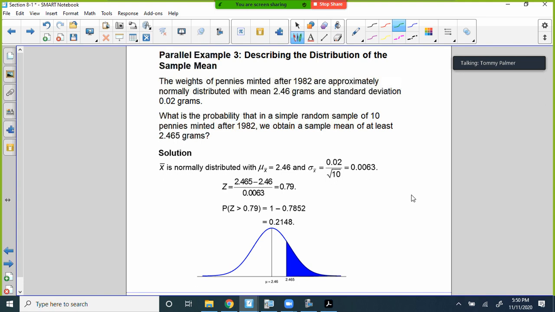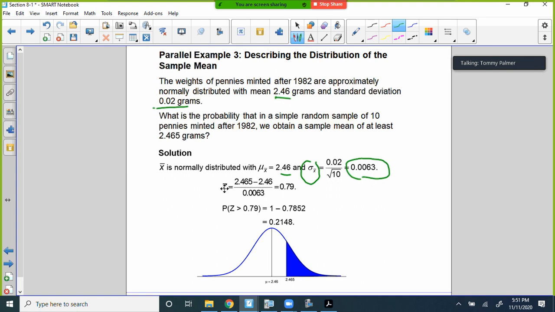The mean of X bar is the same as the mean of the population, 2.46. The standard deviation is 0.02 divided by the square root of 10, which gives you 0.0063. That's the standard deviation.